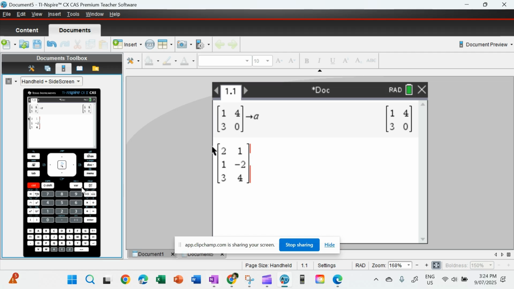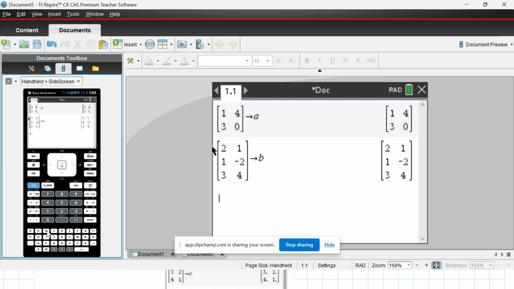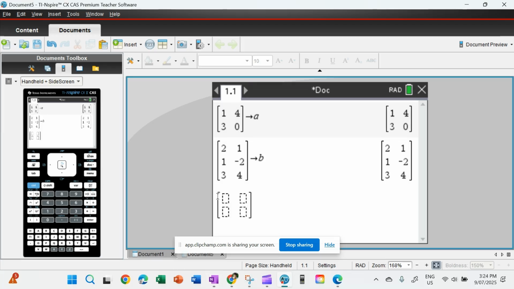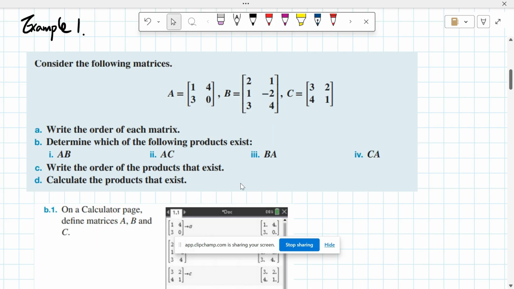That will be variable B. C will be 3, 2, 4, 1, and that is variable C.